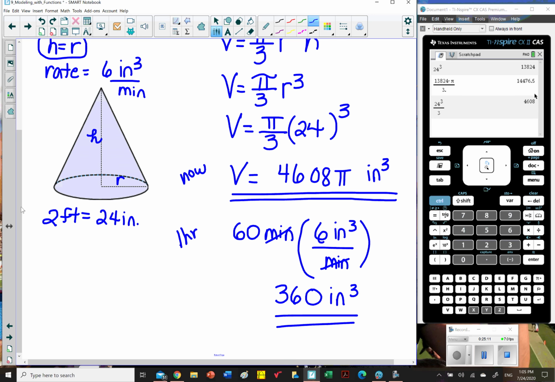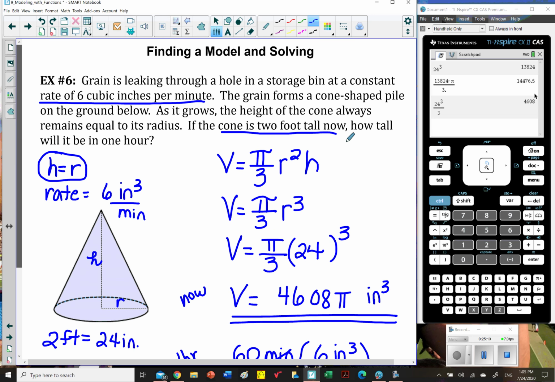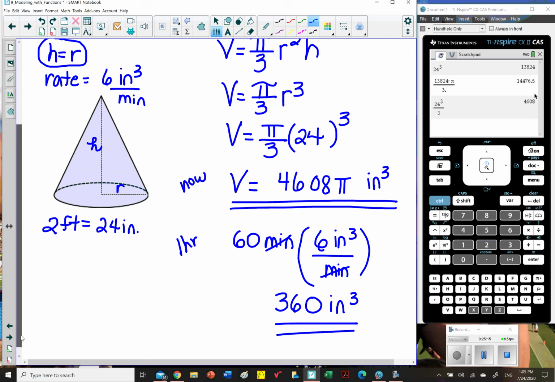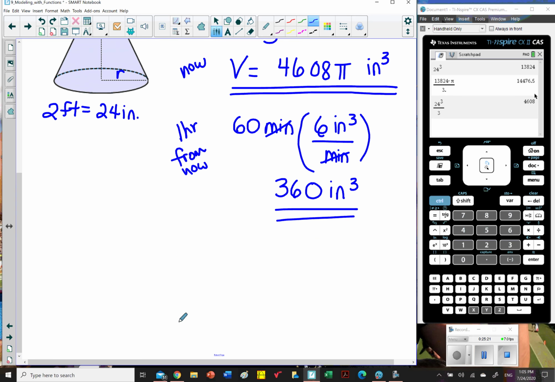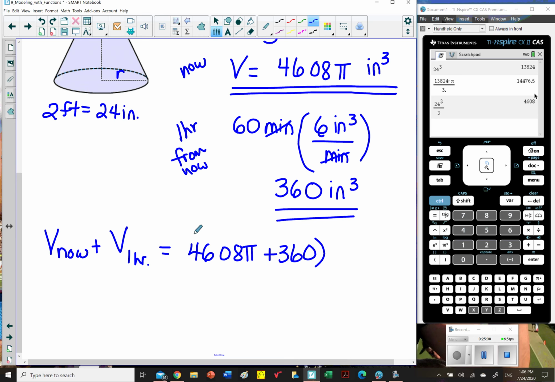So in 1 hour, how tall will it be in an hour? So to find out how tall, we need the volume now plus the volume 1 hour from now. And adding those up, that would be 4608 pi cubic inches plus 360 cubic inches.